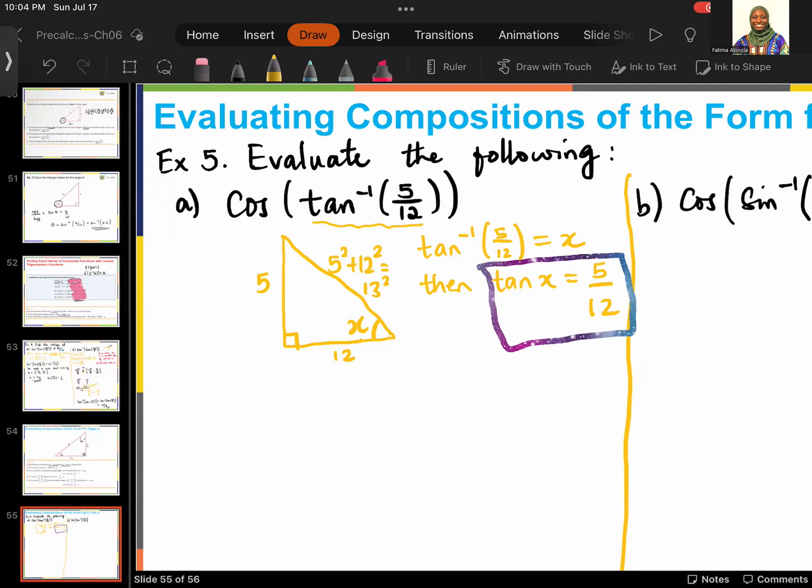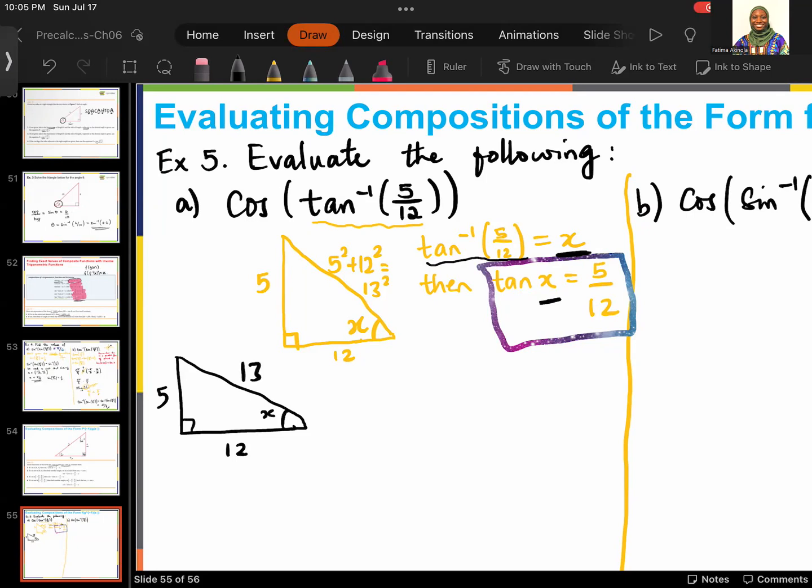So what have we found from this? See how I set up the problem. I said tan inverse, I said let it be the angle x, and I used the idea that tan of x is 5 over 12 to find the sides. Now this is what my right angle triangle looks like. I'm definitely not good at these drawings, but pardon me. So this is 5, this is 12, this is x, and this is 13.